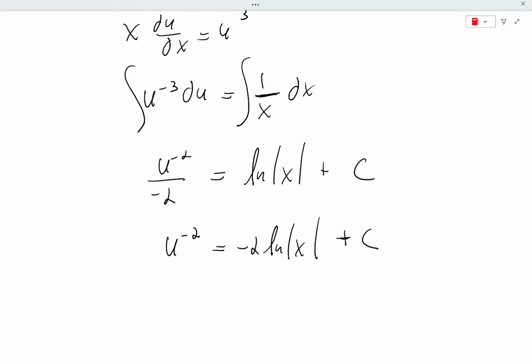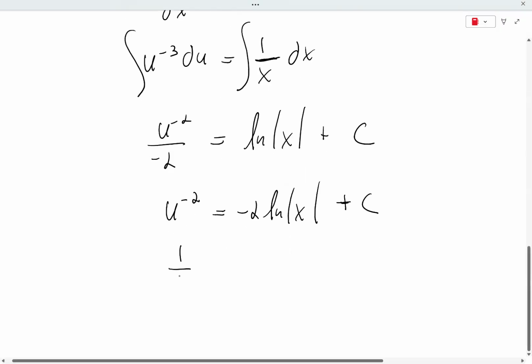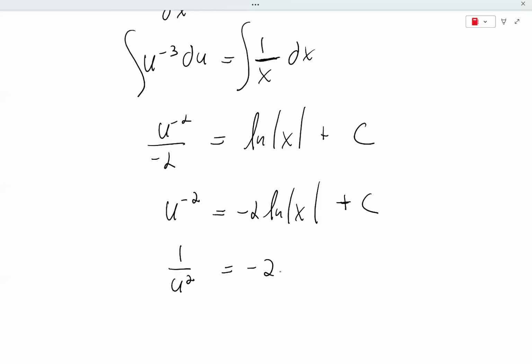Any questions, Nat? I just lumped the constant together there. Okay, and now this is like 1 over u squared. So 1 over u squared is equal to this. I'll just write this -2.